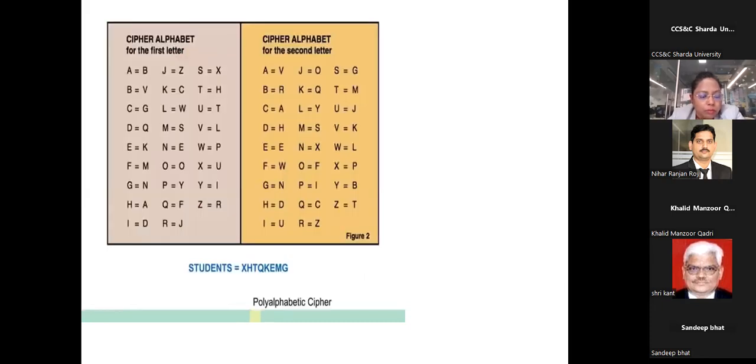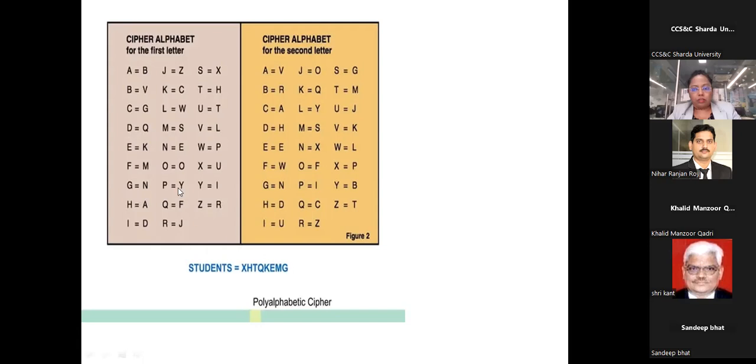And now you can see here, suppose my plain text is students. So what is S? S is X. T is H. Like this, the plain word students got converted to this, right?